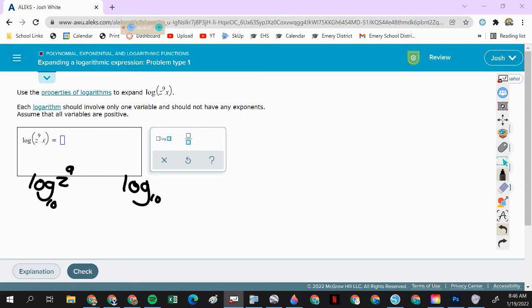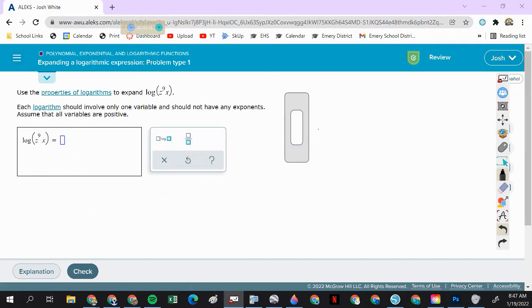Z to the 9th plus log base 10 of x. Can we do anything else to this? No exponents. How do we fix that problem? We drop the 9 out front. So 9 log of z plus the log of x. And that is considered expanded.